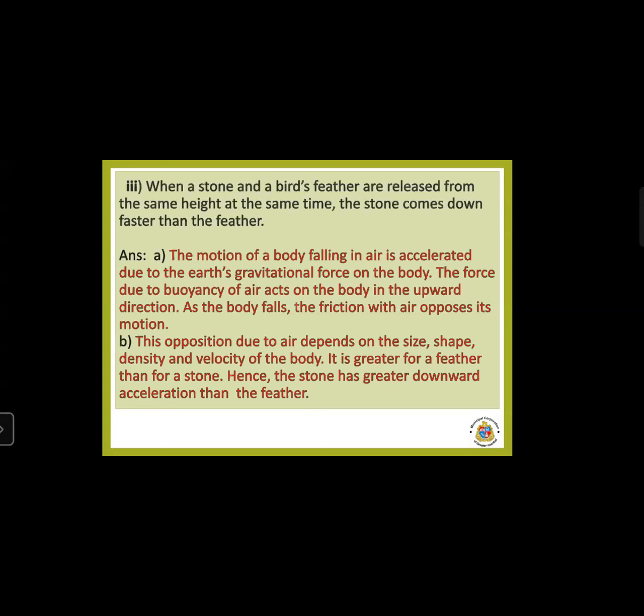Because of the force applied by the air, it opposes the motion of that object, and this opposition due to the air depends on the size, shape, density, and velocity of that body.